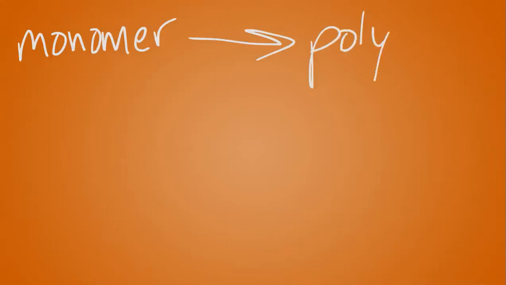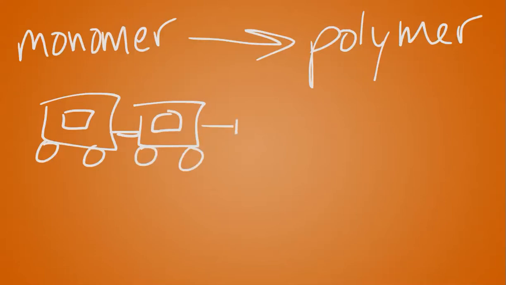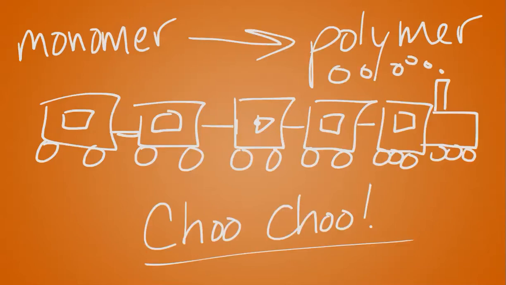So a monomer is a single unit, and when you put multiple monomers together, you get a polymer. A good way to think of this is like linking cars on a train. You have one particular type of car, and you link that to another car, and another, and still another, and eventually you get this long chain that we would call a train.